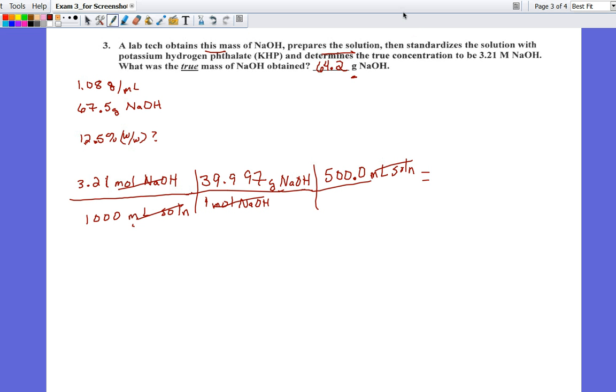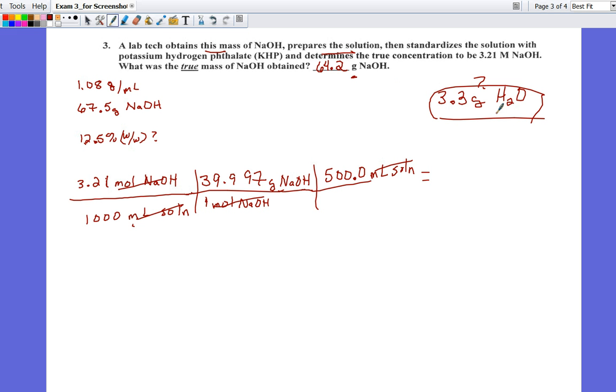The true mass of sodium hydroxide is 64.2 grams. The rest of it was water, right? The amount of water you had was 3.3 grams of H2O, water molecules that collect on there when you weigh it, but they don't count as sodium hydroxide.